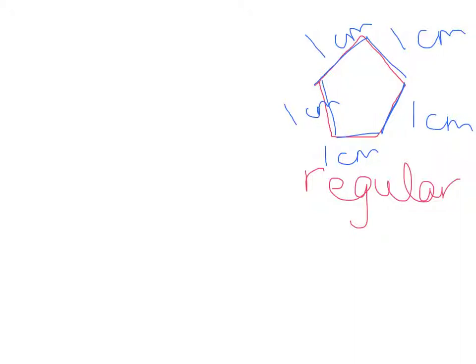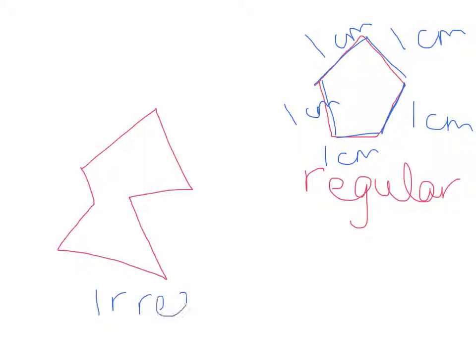Irregular polygons are much easier to draw because they have many sides, but they don't have to be the same length. So I might say that this, because it's irregular, if I measured it with a ruler, maybe this is 1 centimeter.